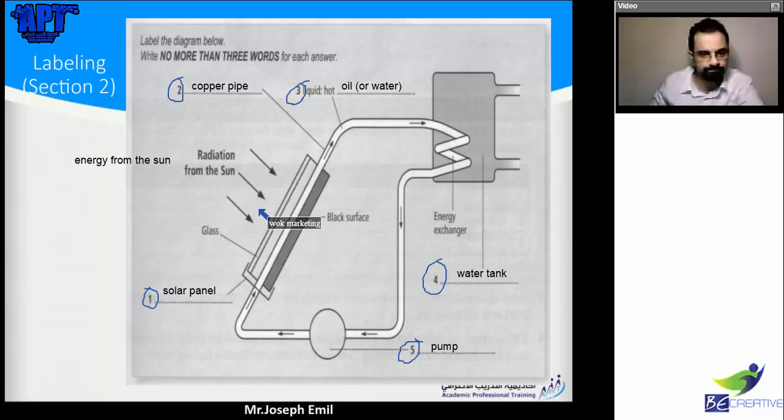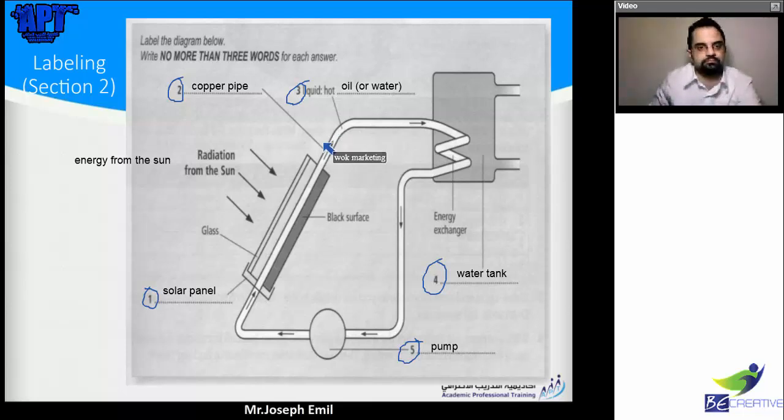A lot of this radiation passes through the glass at the front of the solar panel, here on the roof, and hits the surface at the back. This surface is black, because black is good at absorbing radiation, and so the black surface becomes hot. Energy, in the form of heat, is conducted along the back of the solar panel to these copper pipes.